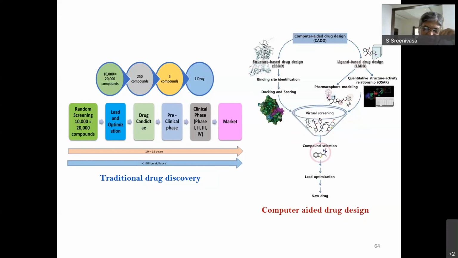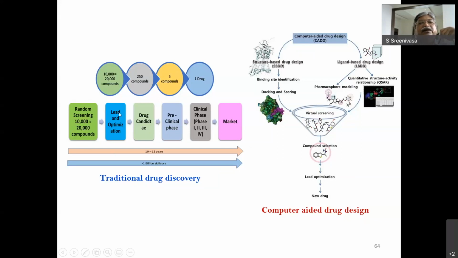It involves target identification, validation, assay development, and lead molecule generation. All these things are required, and the time period for this process will be approximately 6 to 7 years.